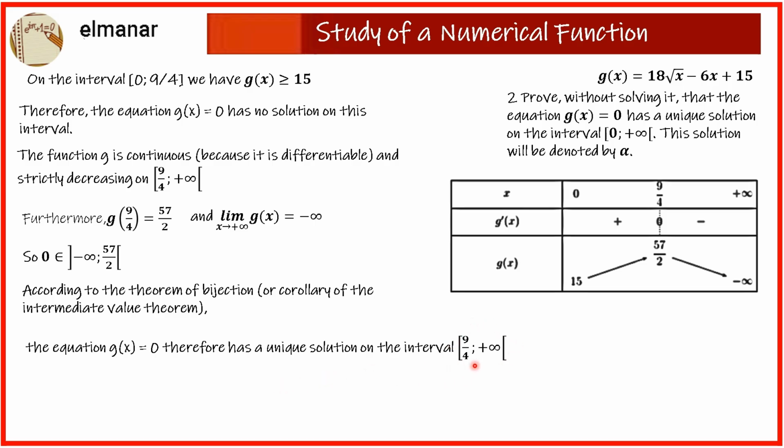And since we have already ruled out the possibility of any solution on the previous interval, namely from 0 to 9/4, we can conclude that the equation g of x equals 0 admits a unique solution over the entire interval from 0 to positive infinity, which we denote by the Greek letter alpha.